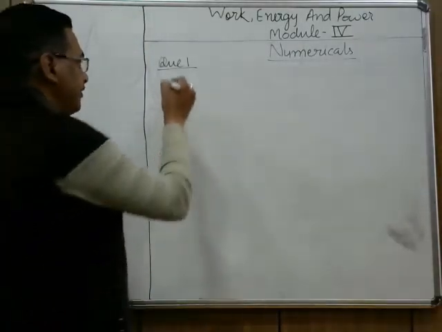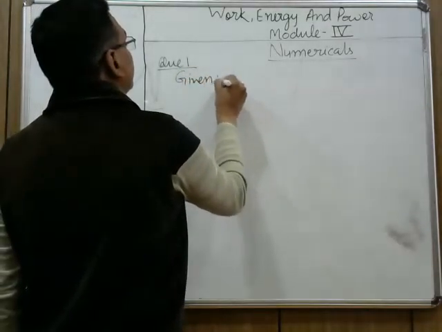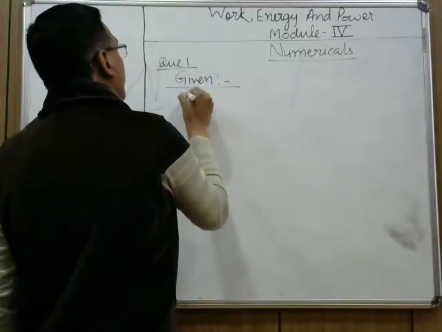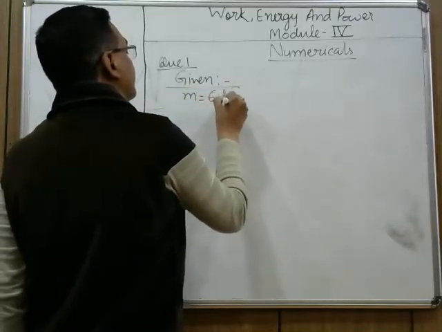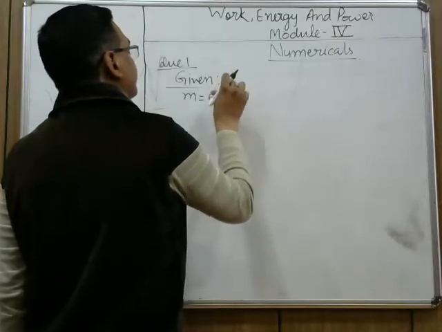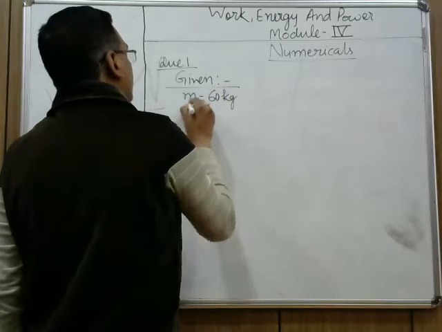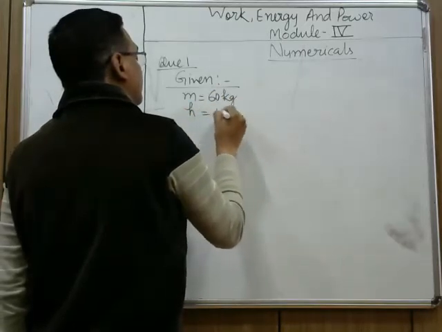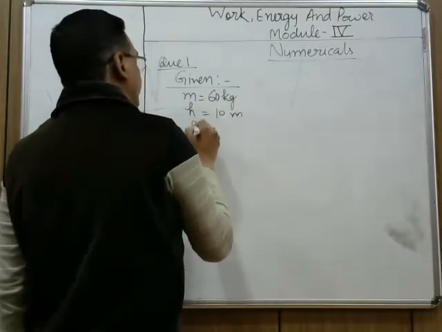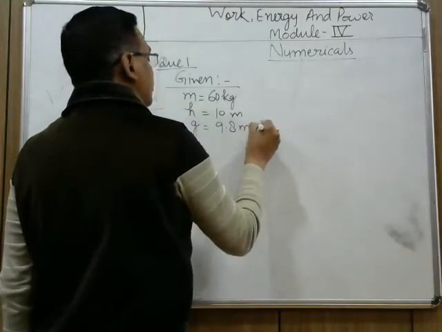So first we will note down what is given to us. Mass is given 60 kg. Height is given 10 meter. g is given 9.8 meter per second square.